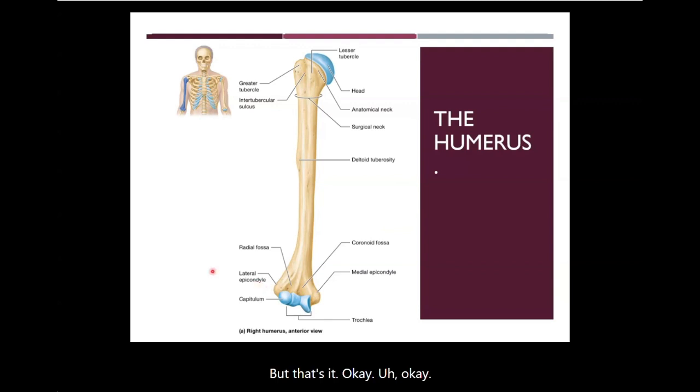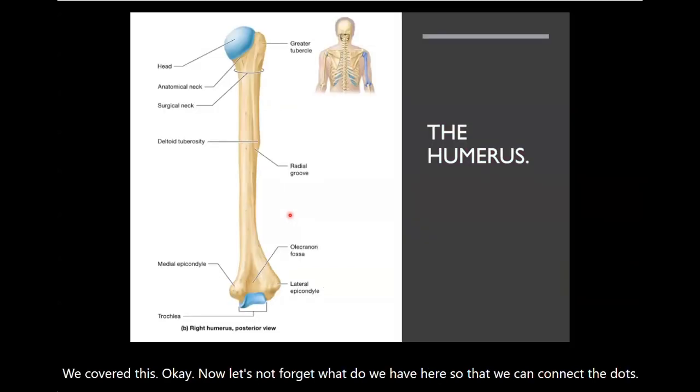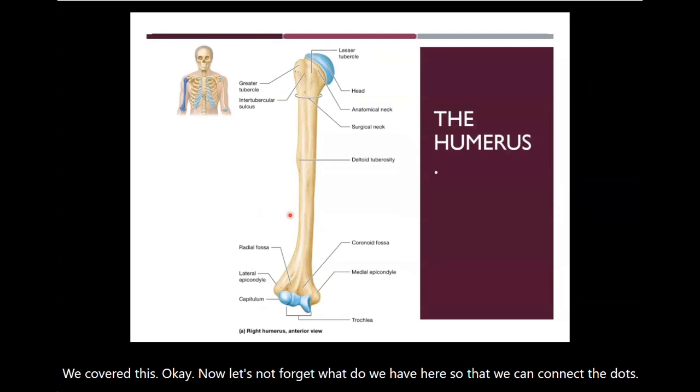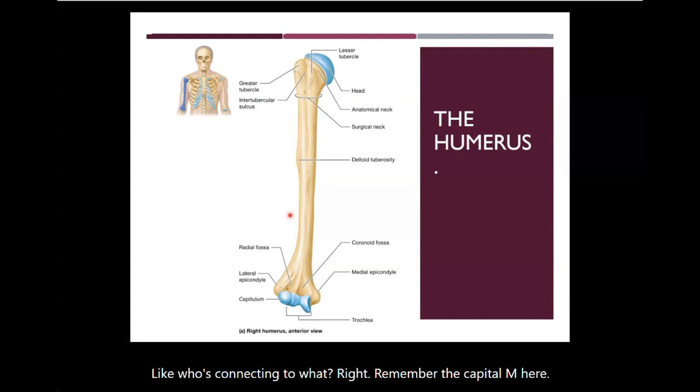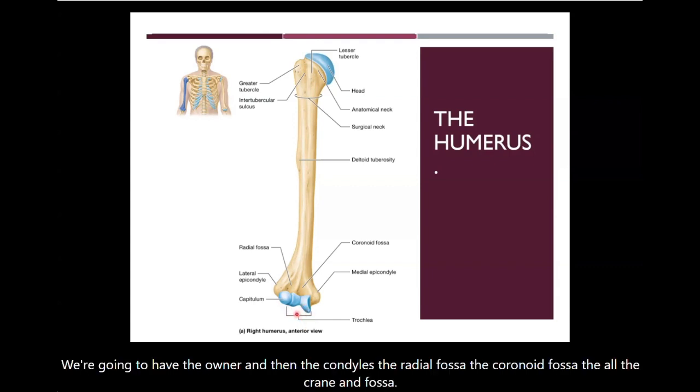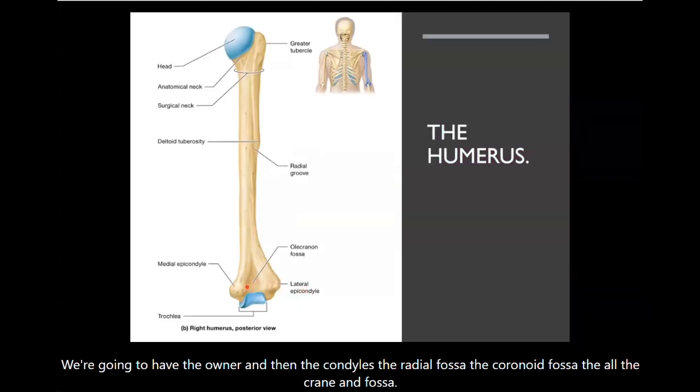Okay, so this is the anterior view. We covered this, and this is the posterior view. We covered this, okay? Now, let's not forget what we have here so that we can connect the dots, like who's connecting to what. Remember the capitulum, here we're going to have the radius, and then the trochlea, trochlear notch, we're going to have the ulna, and then the condyles, the radial fossa, the coronoid fossa, the olecranon fossa.